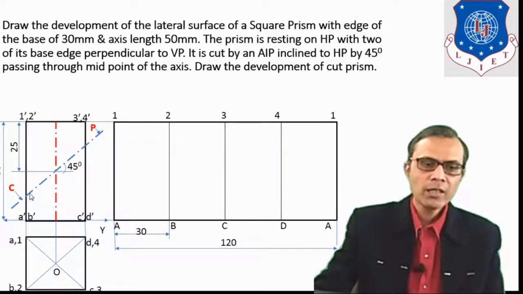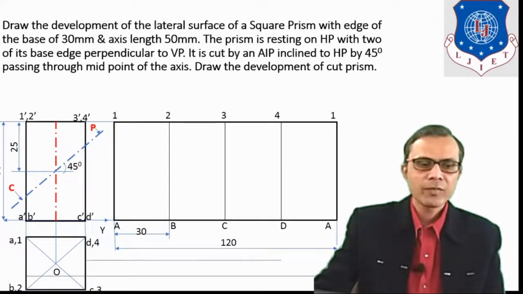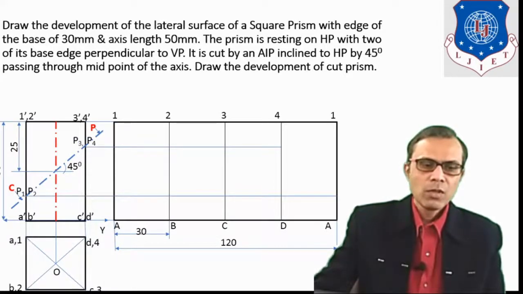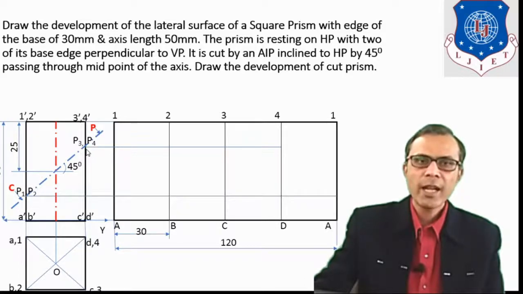And other cutting points are here. These are the longer edges C3 and D4. These are also the edges which are being cut by the given cutting plane. Now mark these points as P1, P2, P3 and P4. So these are the cutting points at which the solid is cut.